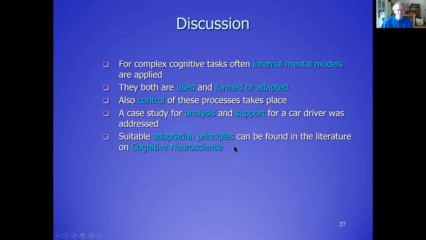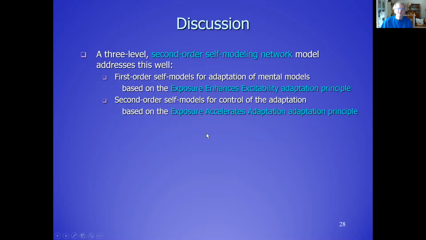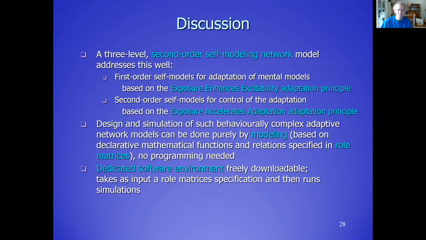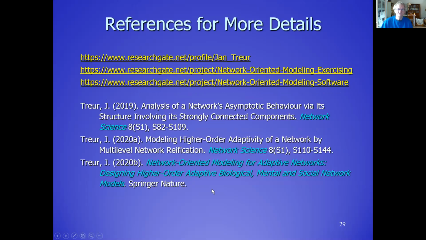We used adaptation principles from cognitive neuroscience for it. And then we have some self-modeling network construction that we used to let it work. All of this was done by modeling, not by programming, as we have a dedicated software environment that is able to run these types of models directly, based on just inputting a number of tables that are called role matrices, and then it runs the simulations.